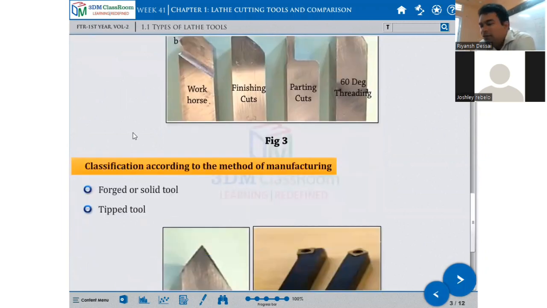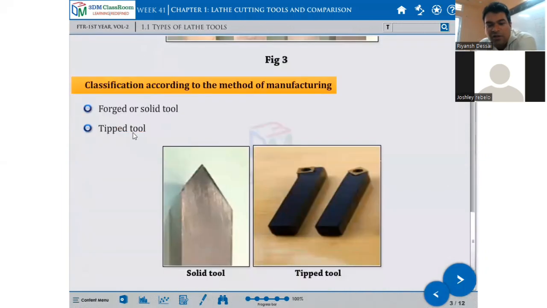Classification according to the method of manufacturing. Some cutting tools are manufactured in different ways. For example, a tip tool means only the cutting point has a cutting tip. It is brazed to the solid blade with the help of brazing, and that cutting tip may be of tungsten carbide, which is very costly. It cannot be used to produce a full cutting tool.